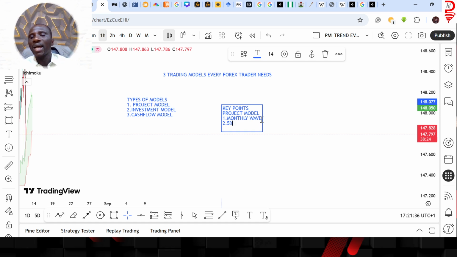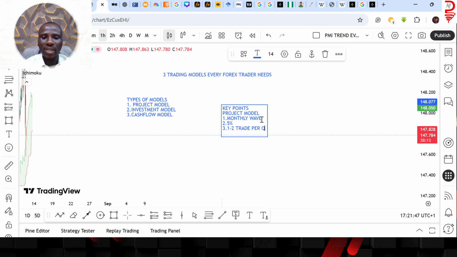This is because on this account, you are only expecting a maximum of 1 to 2 trades in 3 months. Two trades per quarter. Can you imagine that? If you want to trade your project account with our trading system, you fund the account and set your mind that you want to trade this account for 9 to 12 months.